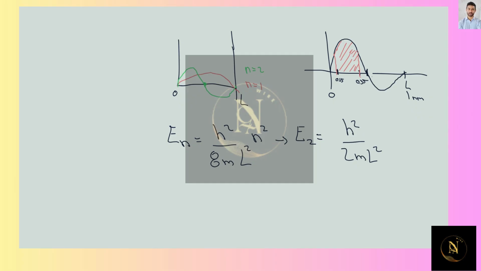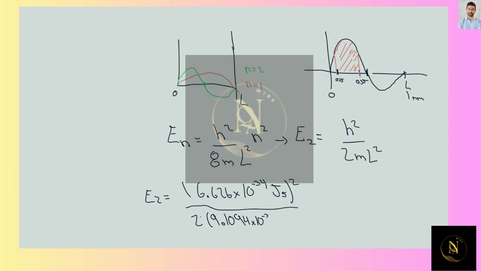So the only thing that we need to do is to substitute the values. The value for h is equal to 6.626 times 10 to the minus 34 joule second, squared, divided by 2 times the mass of the electron, which is 9.1094 times 10 to the minus 31 kilograms, times the length squared.